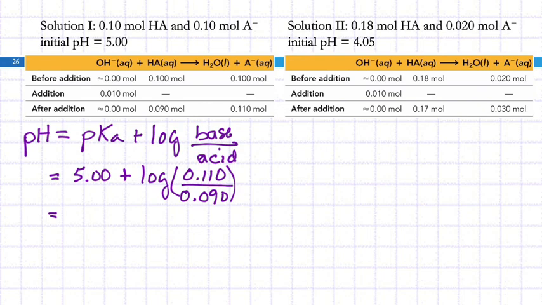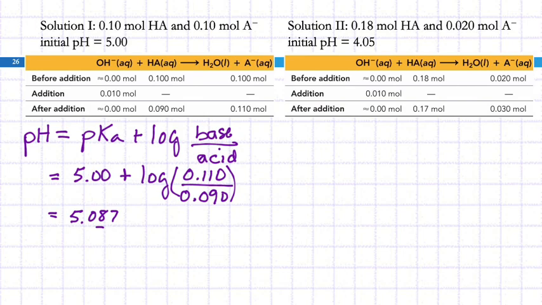Five plus log of 0.11 divided by 0.09 is 5.087.